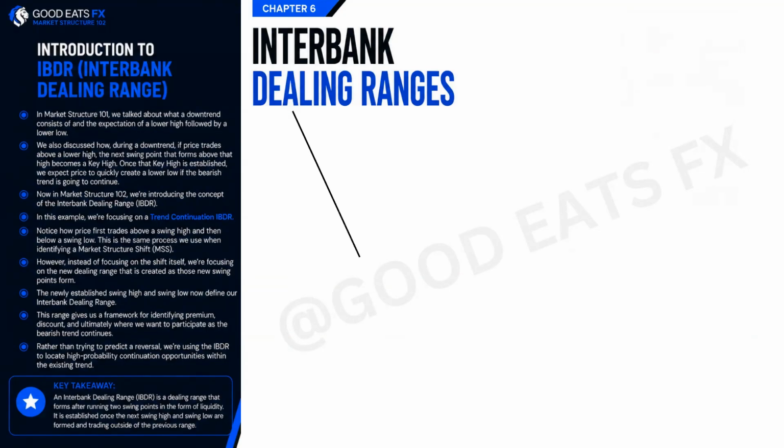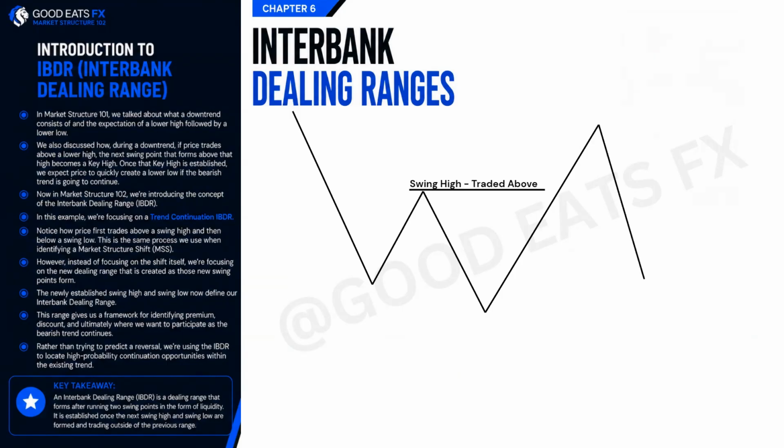So first of all, price comes from that high to this low. We create a range, and then we make a lower high and a lower low. Now, what I want you to focus on is notice how price first trades above the swing high here, and then below a swing low.